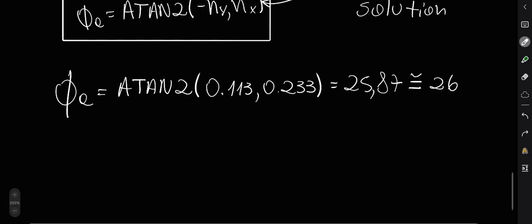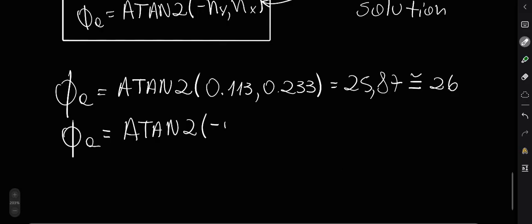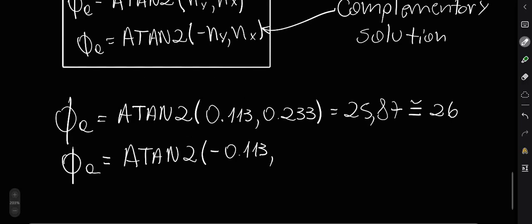And we also need to evaluate the complementary solution. So it is minus 0.113, and right here also minus 0.233.